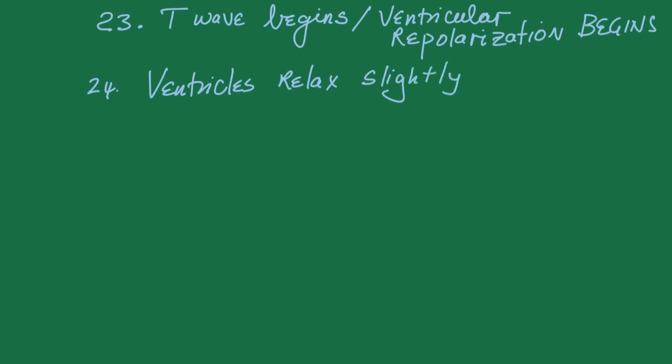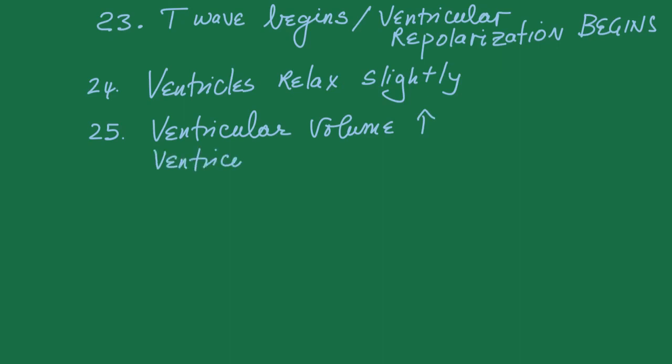Ventricles relax slightly. As a result, ventricular volume goes up ever so slightly. There's a little bit more space, so the ventricular volume goes up slightly, one arrow going up. Correspondingly, ventricular pressure goes down slightly.